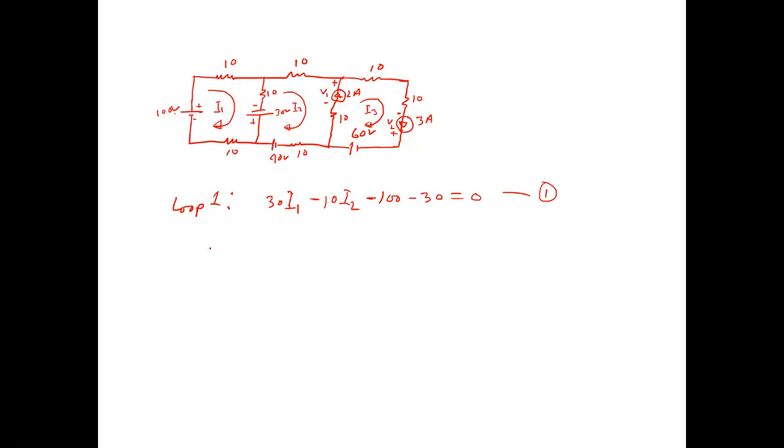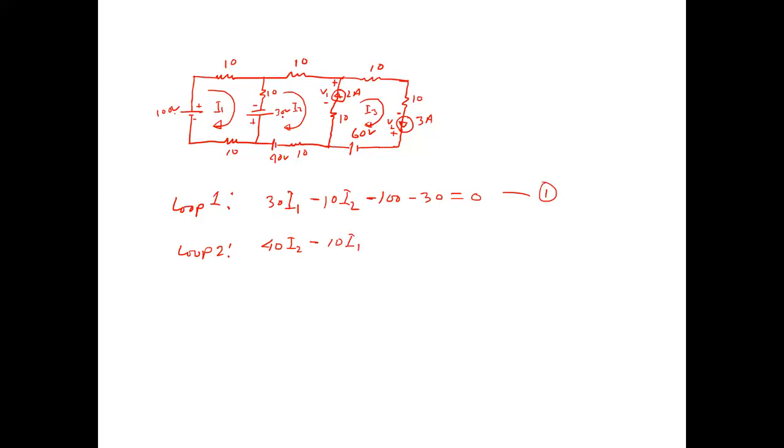Now, yes sir, now we use second loop. Loop 2. Okay. Loop 2, our total resistance 10, 10, 10 and 10. So 40. And this is the I2. Now minus this resistance is used by this loop, so minus 10 I1.